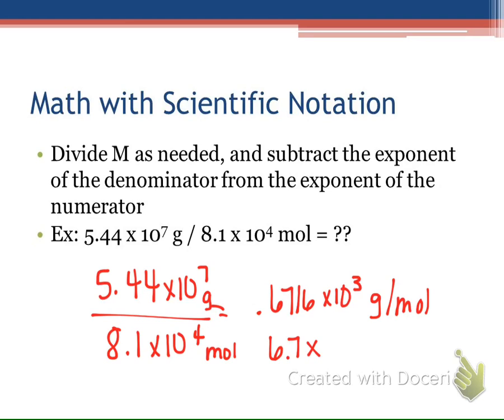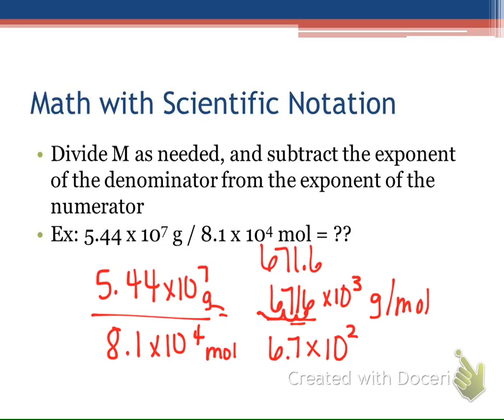Okay? And let's look at our scientific notation here. What should scientific notation be? 10 to the second. So if we look at this value, this number right here, 0.6716 times 10 to the third, if you take that and move it 1, 2, 3 places, that gives us 671.6.